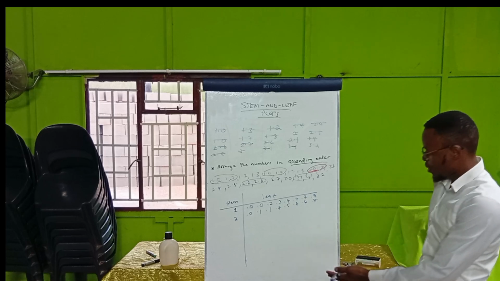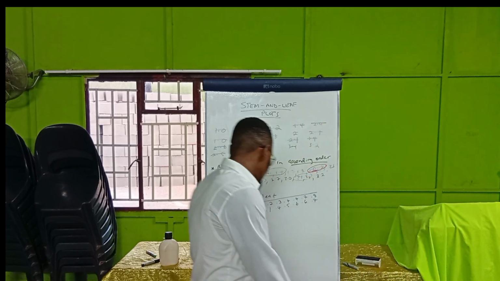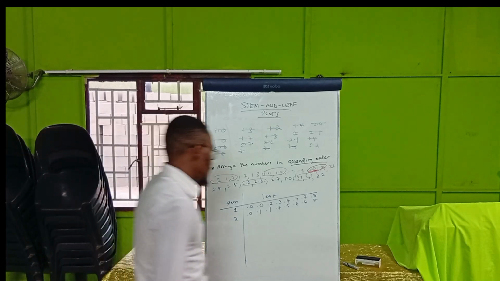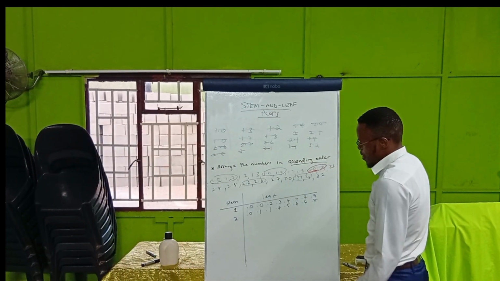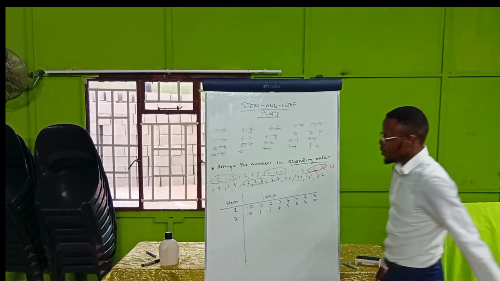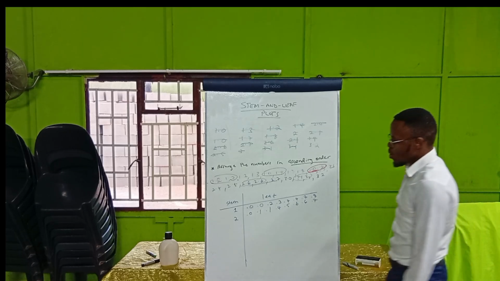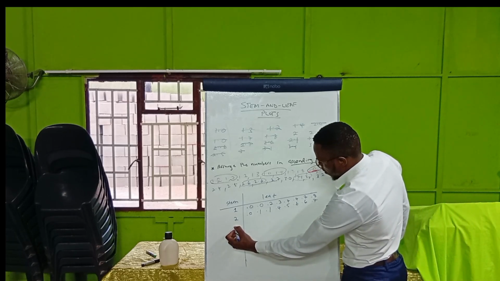So again, a statistician should be able to see that these are the different numbers. Then, having finished all this, the leaves that have the stem 2, we move on to the last stem, which is 3.